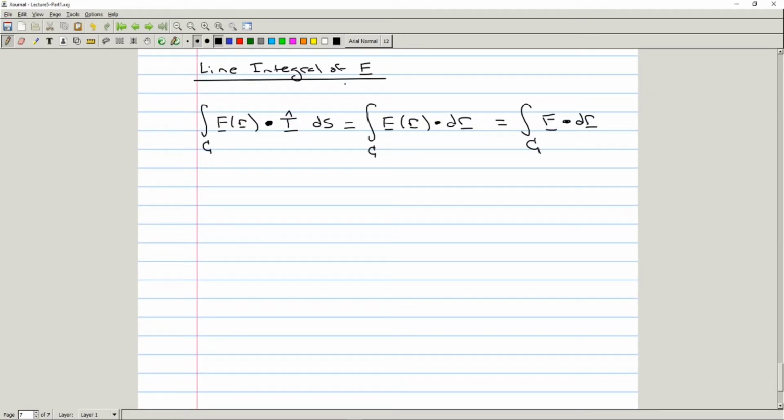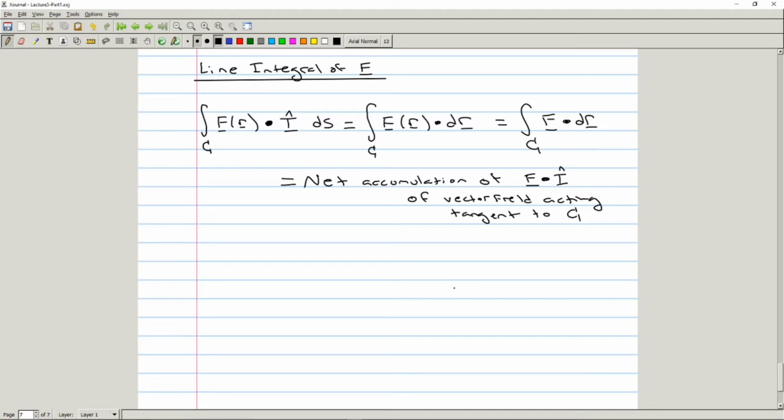And really what this is giving you is a measurement of the net accumulation of the vector field f dot T hat, or the net accumulation of the vector field acting tangent to C. You could think of it in a rotating sense: the net accumulation or effect of the vector field rotating in the direction of the curve.